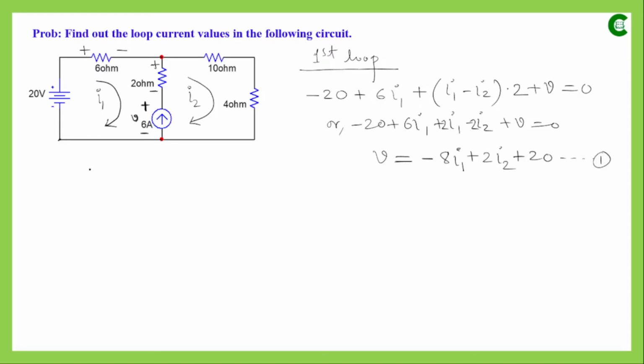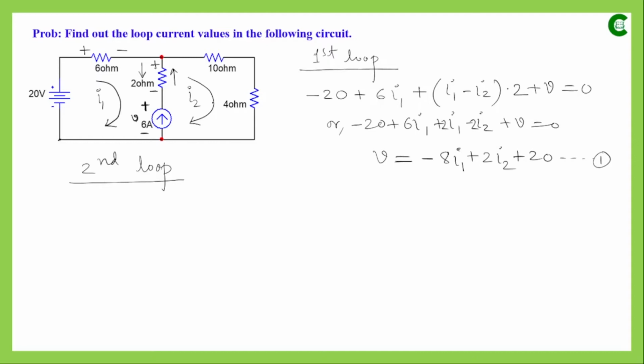Then if we analyze our second loop, where the current is I2 and the direction of current is clockwise in this problem, the current I2 will flow through the 2 ohm resistor in the upward direction, and the current I1, when flowing through the 2 ohm resistor, is in the downward direction.